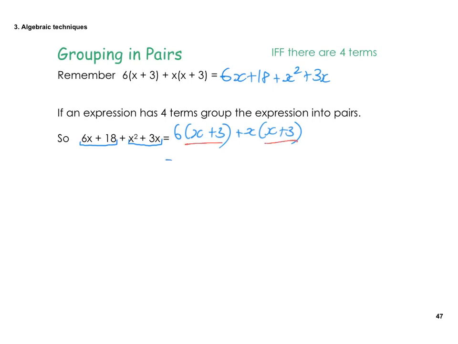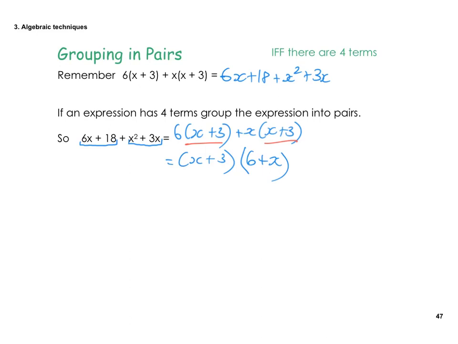So we can write it as x plus 3, second bracket, x plus 3 times what gives me 6x plus 18? Obviously times it by the 6. Then plus x plus 3 times what gives me x squared plus 3x? Times it by x. And that will be that question completely factorized.